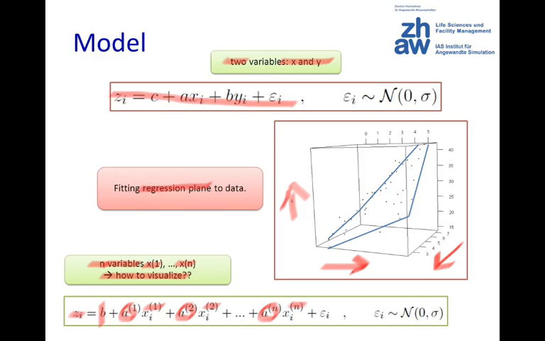These are all different parameters, and this happens for each data point indexed by i. Again, the model is completed with an error term epsilon i, which has to be normally distributed and homoscedastic. This is the model of two-variate and general multivariate regression.